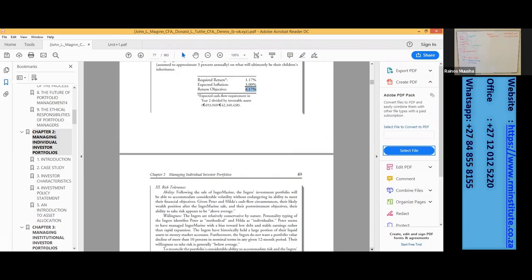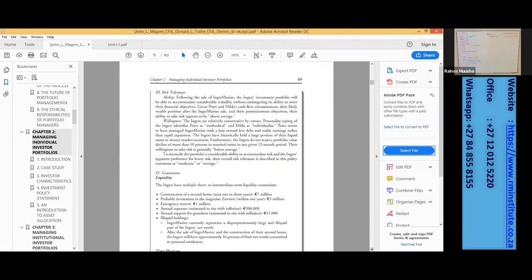So when it comes to the risk objective, we look at the ability to take risk, then we also look at the willingness to take risk. When they assess the ability to take risk, they say, following the sale of Inga Marine, the Ingas' investment portfolio will be able to accommodate considerable volatility without endangering its ability to meet their financial objectives.